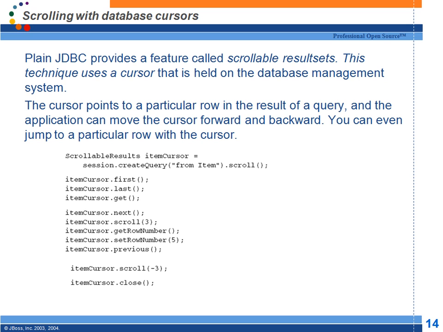What will scroll(3) do? Suppose the cursor is pointing to the 5th row, scroll(3) means it will point to the 8th row now. Like that, by using cursors and scrollable results, you can scroll over the result sets. Internally, this will be using JDBC scrollable result sets only.